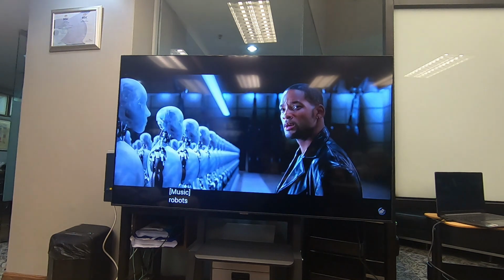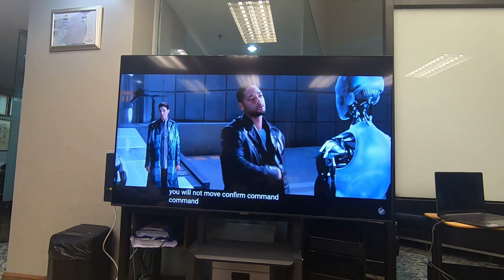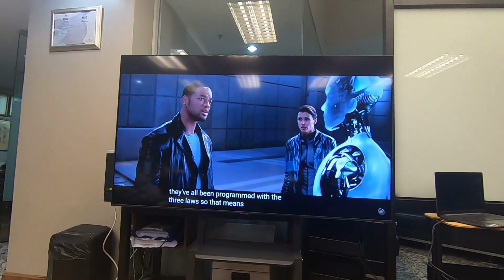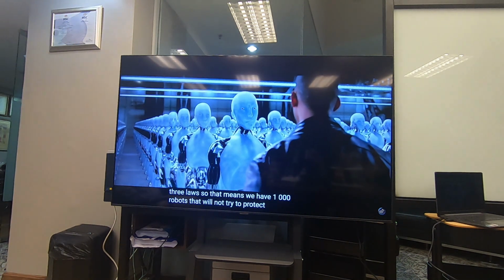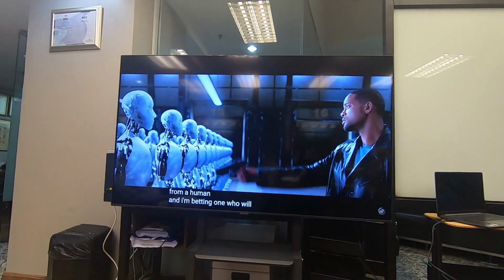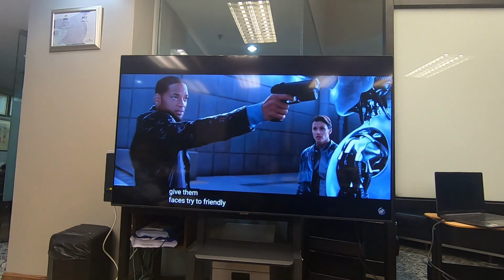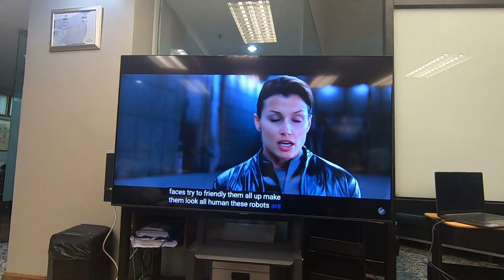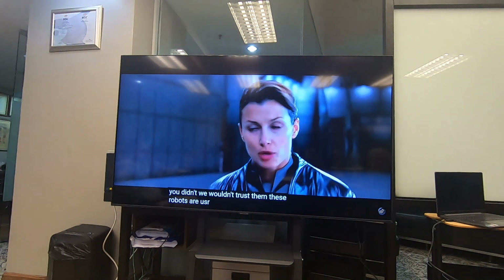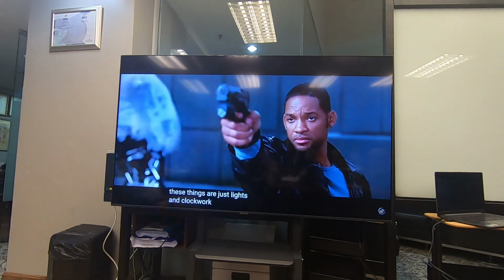Robots! You will not move. Confirm command. Detective, what are you doing? He said they've all been programmed with the 3 laws. So that means we have 1,000 robots that will not try to protect themselves if it violates a direct order from a human. I'm that one who will. Detective, put your gun down. Why do you give them faces? Gotta friendly them all up, make them look all human. These robots are not susceptible to intimidation. I guess if you did, we wouldn't trust them. These robots are USR property. Not me. These things are just lights and clockwork.